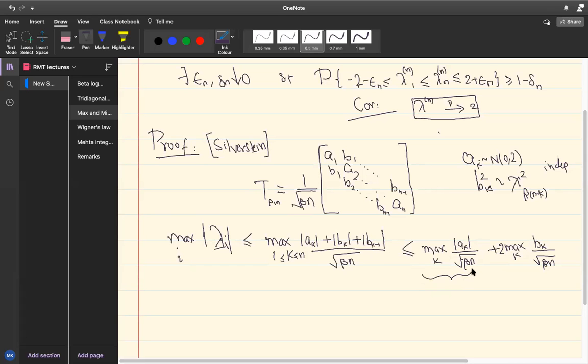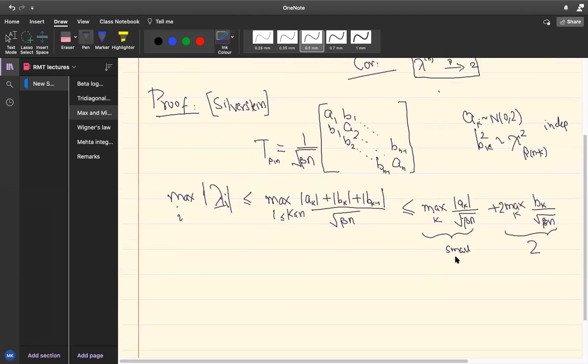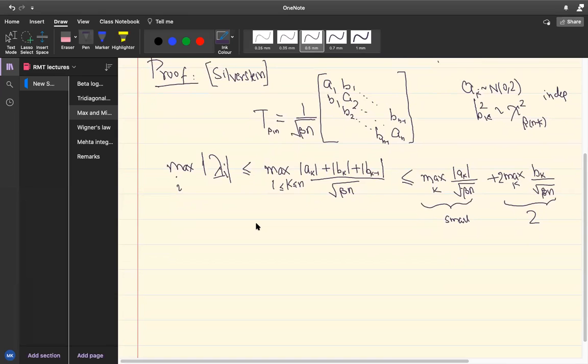So the maximum of n IID Gaussians, we know how this is. This is small and this is actually close to 2 because of the factor of 2. Okay, I'll just explain, if you haven't seen this kind of calculation, it doesn't take long. Each Gaussian is of unit order. How big is the maximum of n Gaussians?